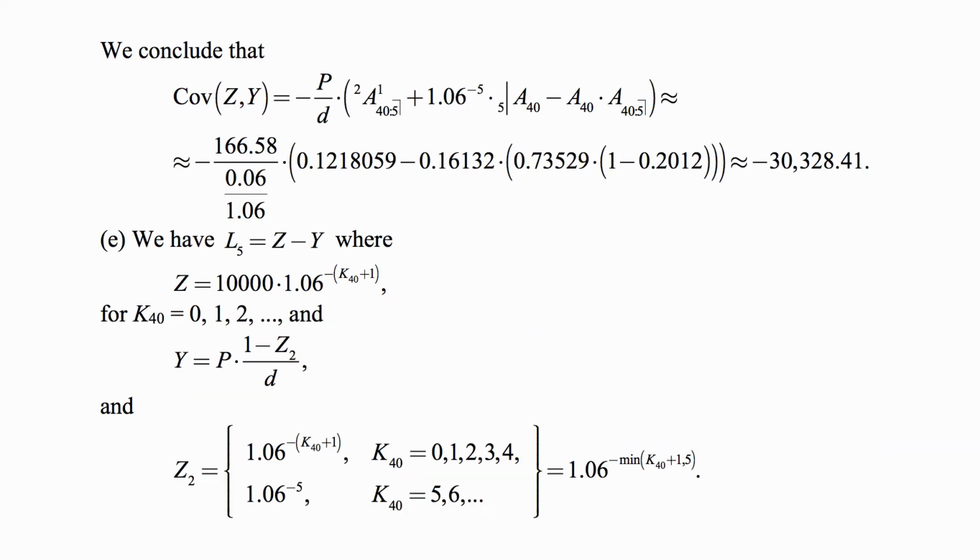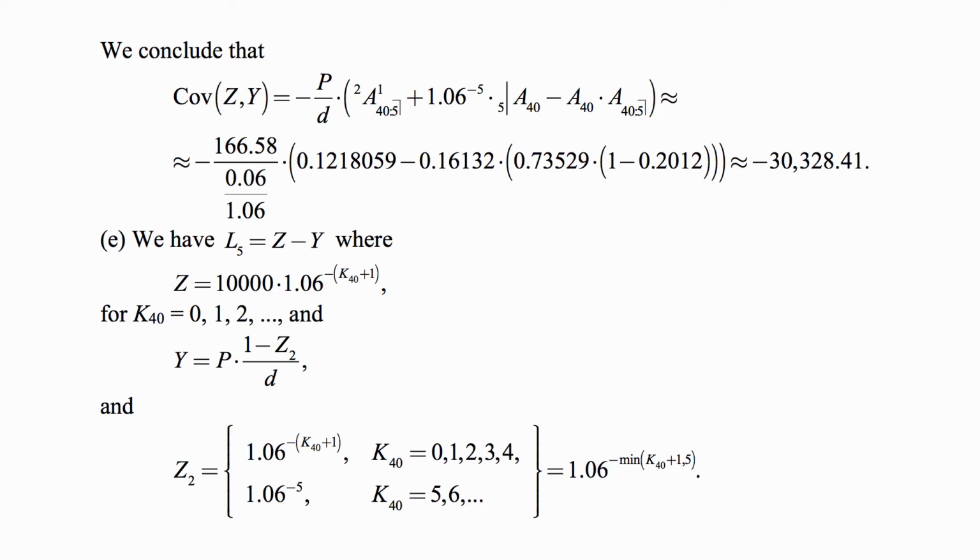Well, we conclude that the covariance of Z and Y is minus P over D times 2A40 colon angle 5 1 plus 1.06 to the minus 5 times 2 times the 5-year deferred A40 minus A40 times A40 colon angle 5.